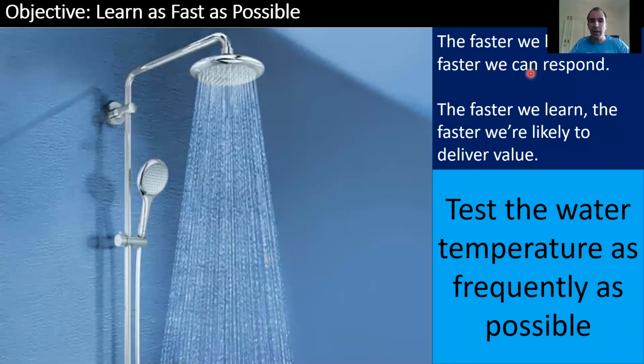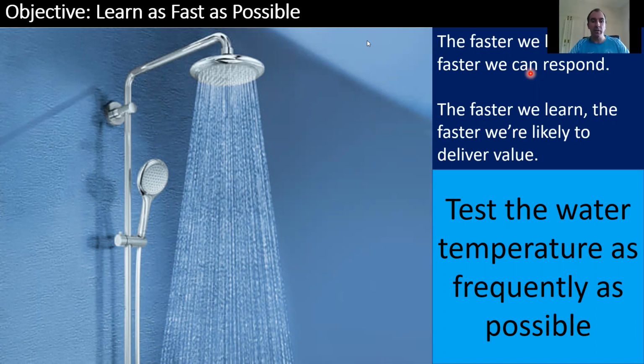And really the idea here is like taking a shower in a hotel that you've never ever used before. If you've got traditional ways of work, waterfall, long learning cycles, it would be the equivalent of having one chance to get the temperature right with a shower. You turn the taps on and you might get the temperature perfect, not great chance of that happening, or it might be scorching hot or freezing cold, but you're going to have to live with it because you only got one chance.